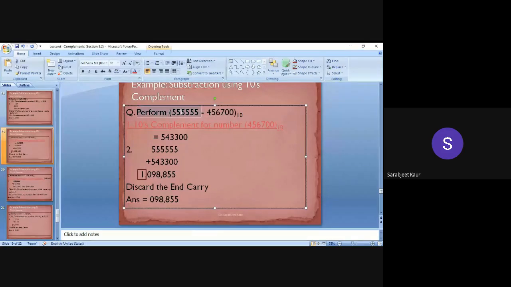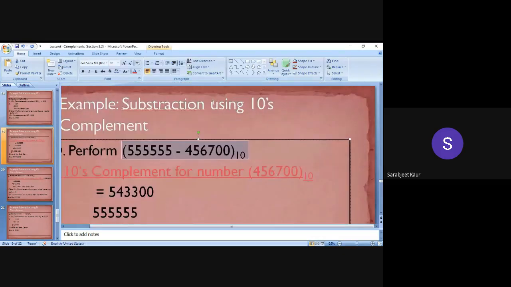I've purposefully kept the same number here as minuend. So I want you to perform this computation. Please don't look at the result. Just perform this computation. Try and do it yourself. I'll give you 2 minutes.